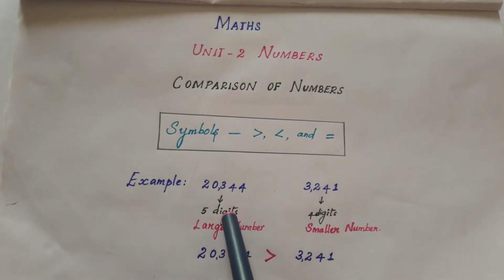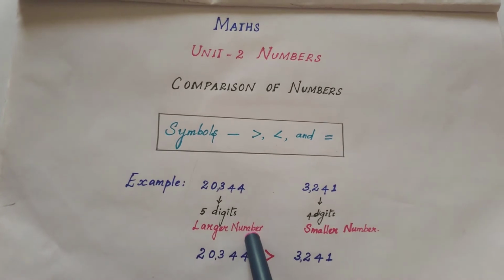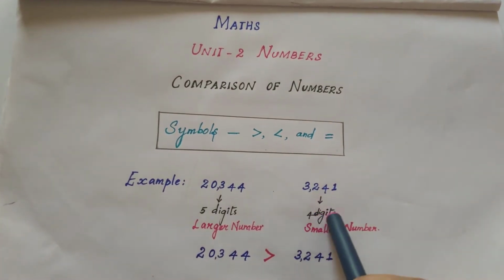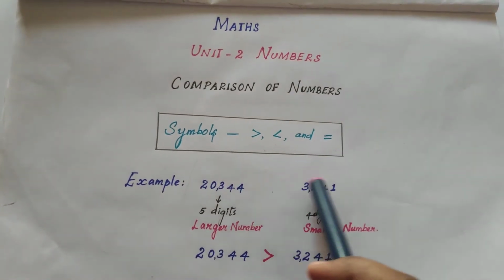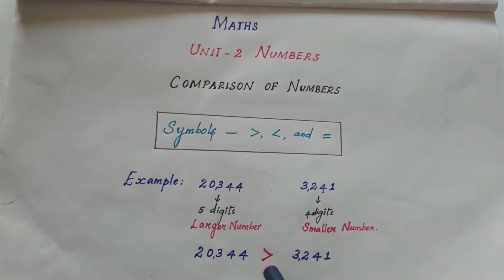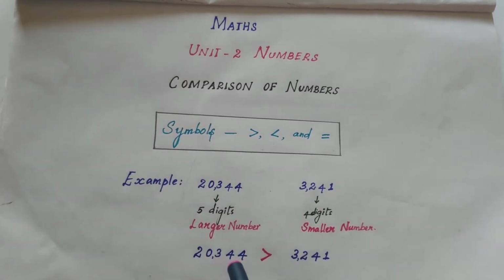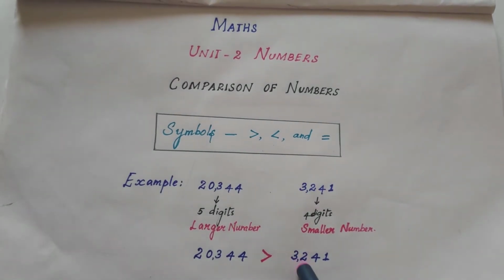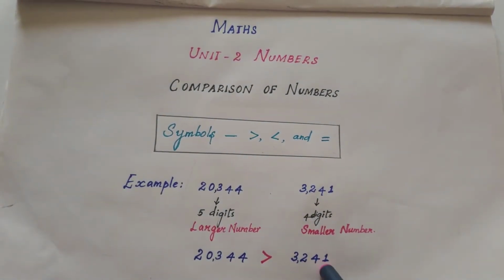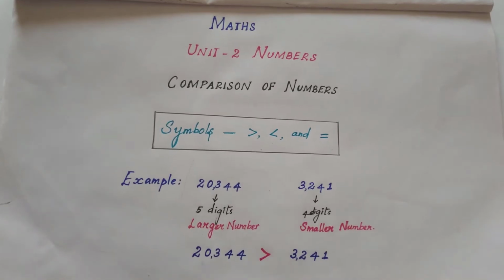So the number with more number of digits is a larger number, and the number with less number of digits is a smaller number. So we compare these two numbers by giving symbols. So 20,344 is greater than 3,241. So to compare the larger number and the smaller number, we use symbols.